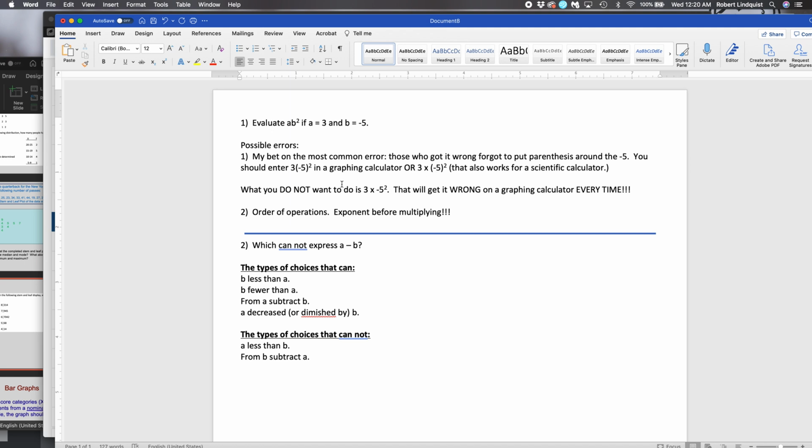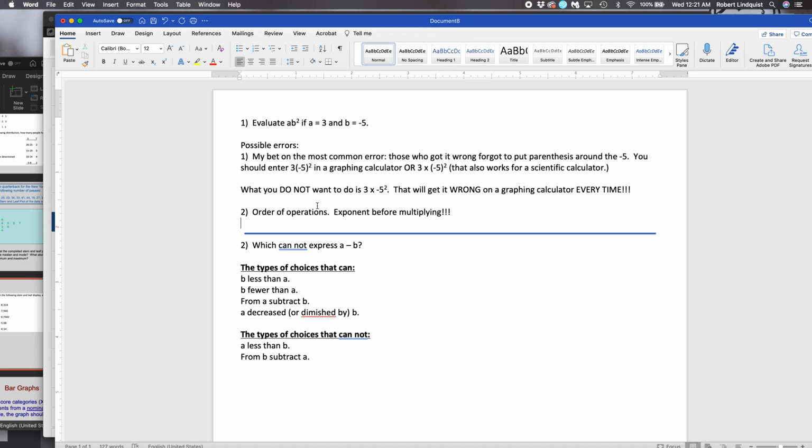What you never want to do is 3 times -5 squared without parentheses, because all graphing calculators, and most scientific calculators, will interpret this as square the 5, that's 25, then negate it, that's -25, times 3 is -75. That's not what the answer is. The answer is +75, because -5 in parentheses squared is +25, and that times 3 is 75.